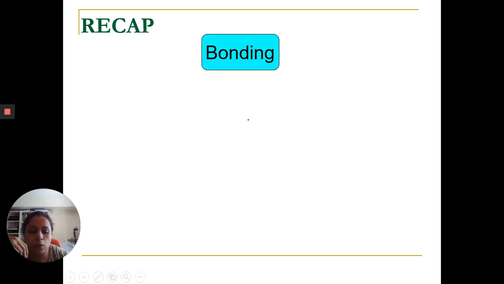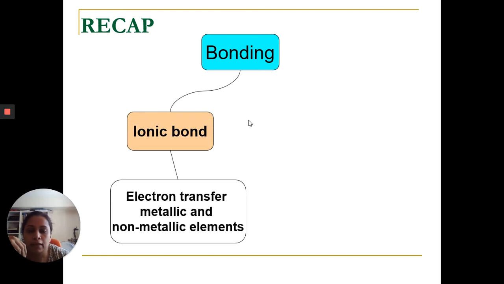We started out with bonding. We learned about ionic bond. And what is ionic bond? Basically, a bond between metals and non-metals, right? The metals will lose their valence electron, and the non-metals will gain their valence electron.